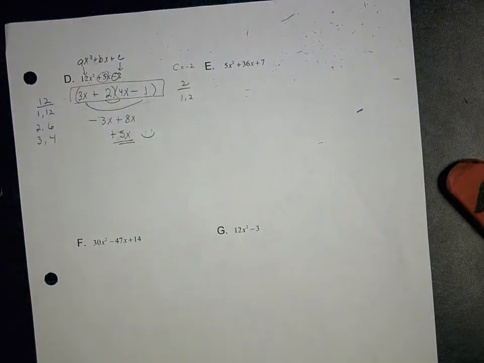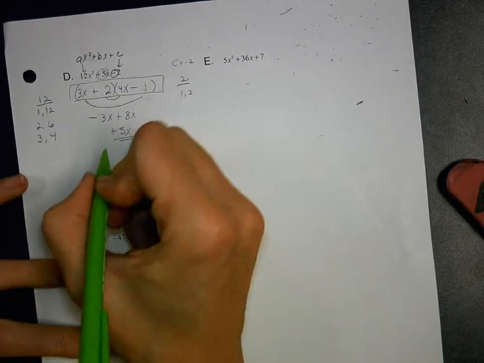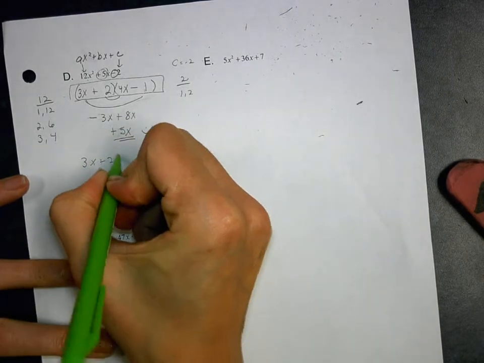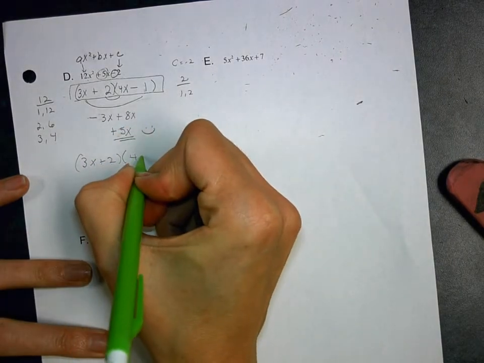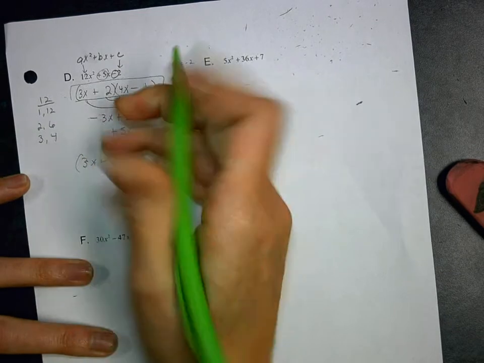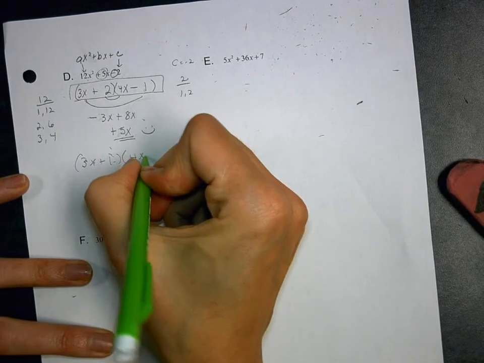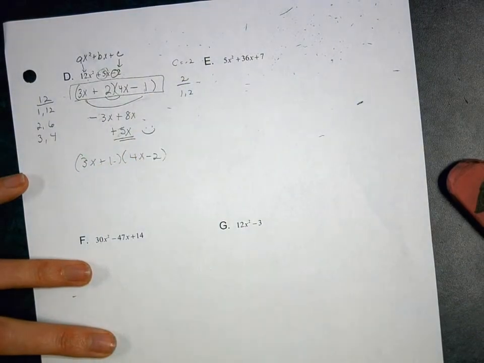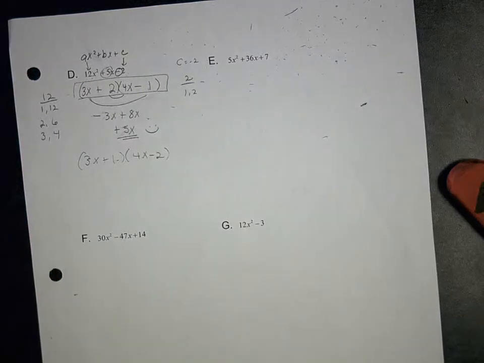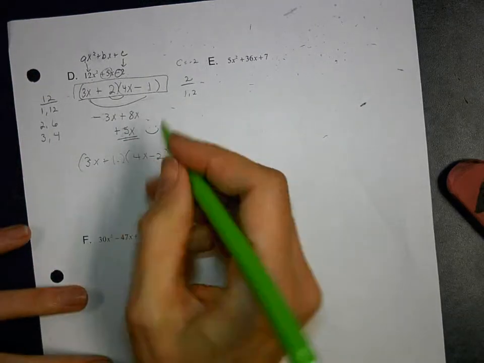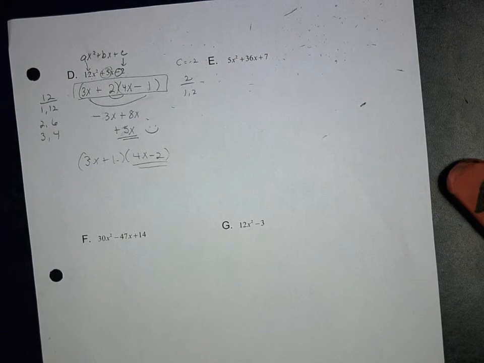Now, I'm going to give you a hint. Earlier, when I first tried this, notice I had the 1 here, and I had the 4x minus 2 here. What told me that shouldn't work and I should never do it that way is the fact that if I look at just that binomial, do I have a greatest common factor?